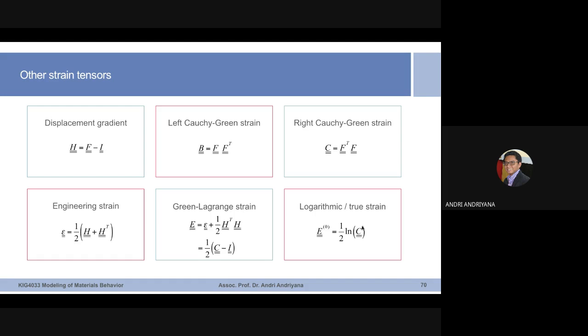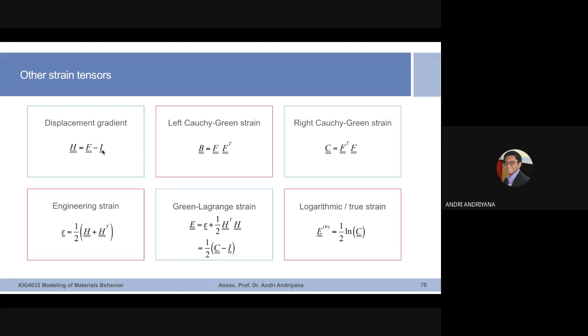So from the deformation gradient tensor F that we have before, we can determine other strain tensors. For instance, first, what is called the displacement gradient, which is denoted by H, and it is given by the deformation gradient minus I. I is the identity tensor, which means that the components along the diagonal are all 1, while the components outside the diagonal are all 0.